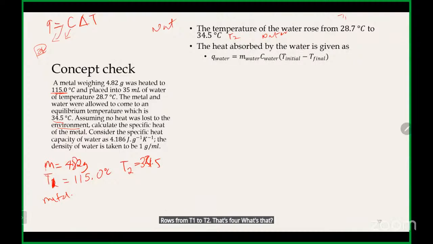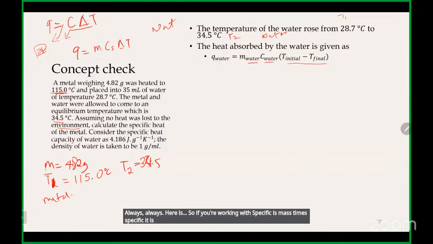So that means the heat absorbed by the water will be given as the mass of water times the specific heat capacity of water times that change. Always, Q is C delta theta. So if you're working with specific heat, it is mass times specific heat. If you're working with molar heat, it is number of moles times molar heat capacity.